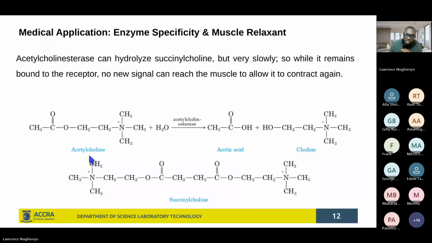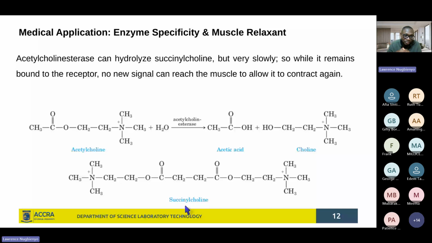The muscle will stay that way until the succinylcholine is able to dissociate away from the muscle cells. So you find the muscle is relaxed over the period of the surgery until the surgery is done. And then by that time, acetylcholine would have resumed its work, and acetylcholine esterase will continue to be dissociating the acetylcholine from the cells, and the normal contraction relaxation process resumes.